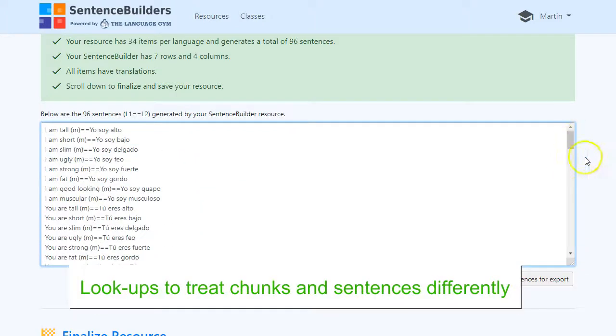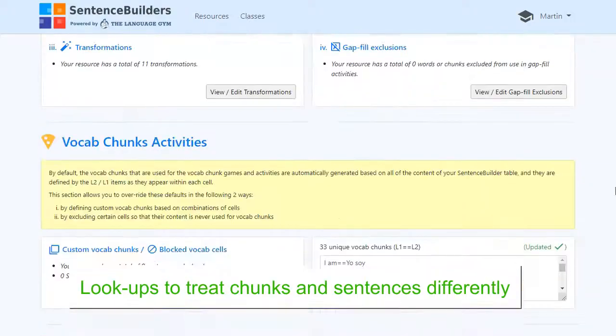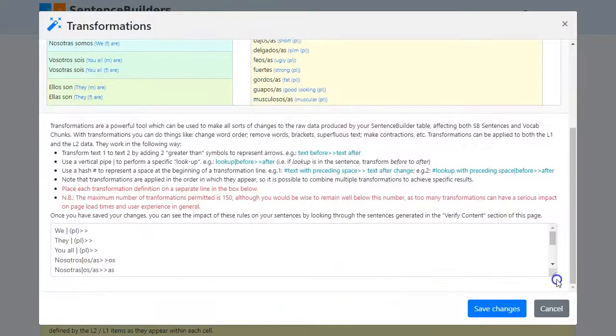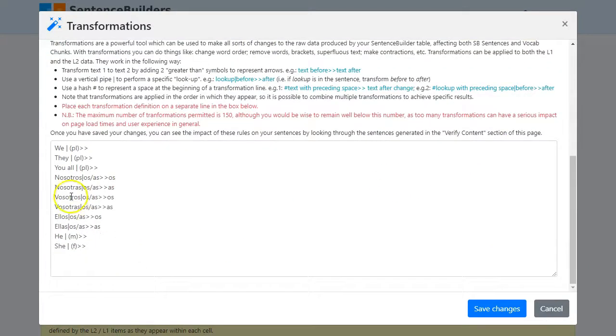You may be wondering why I've used lookups for the transformations. Some of the transformations would require a lookup anyway. For example, the last couple I did there, if we just said to remove all occurrences of M and F, then we've removed them for sentences containing I and you as well.